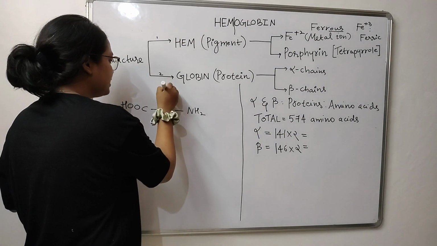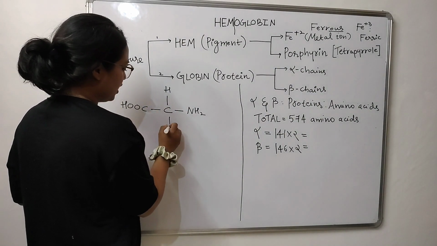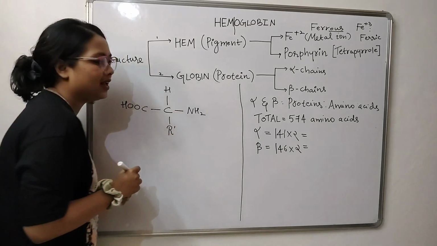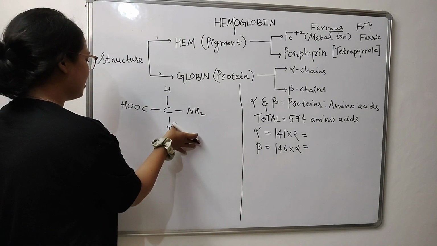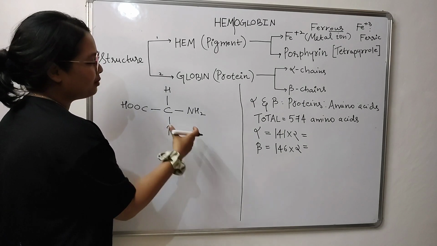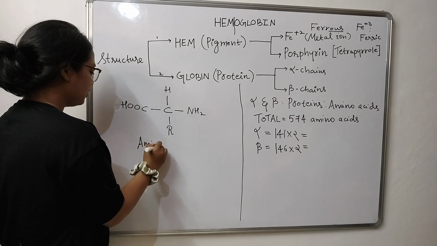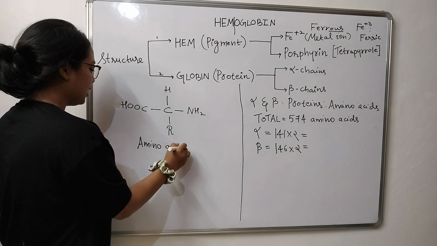On one side you have a hydrogen in amino acids, and the last one is going to be any alkyl group. You can represent it as R or R dash. But this R is a variable. It will keep changing. So this is the structure of an amino acid.